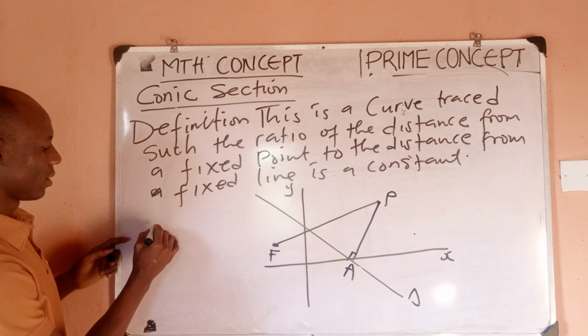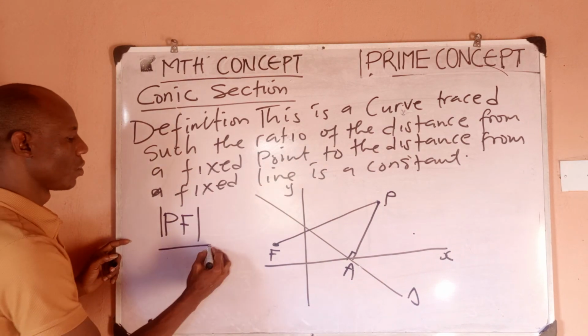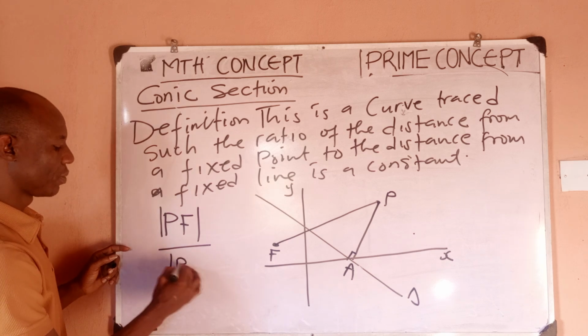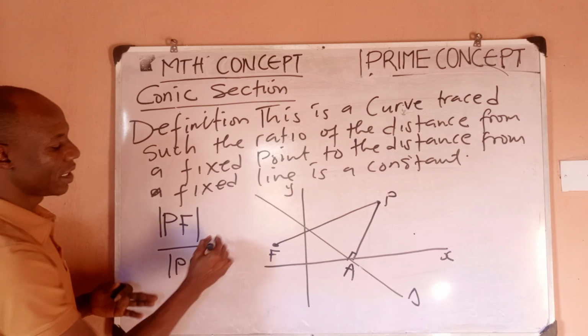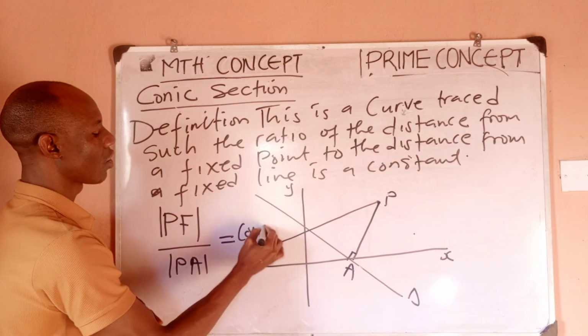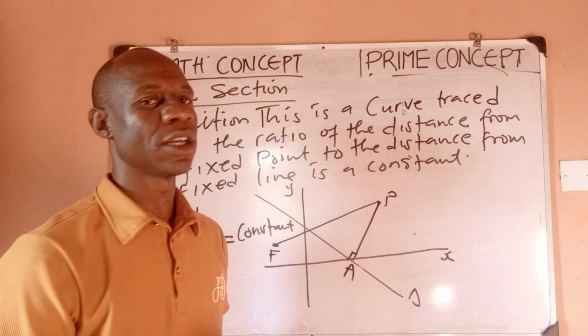What do I mean? I mean that PF over PA, the ratio of the distance PF to the distance PA, would always be a constant. That is how we define a conic section.